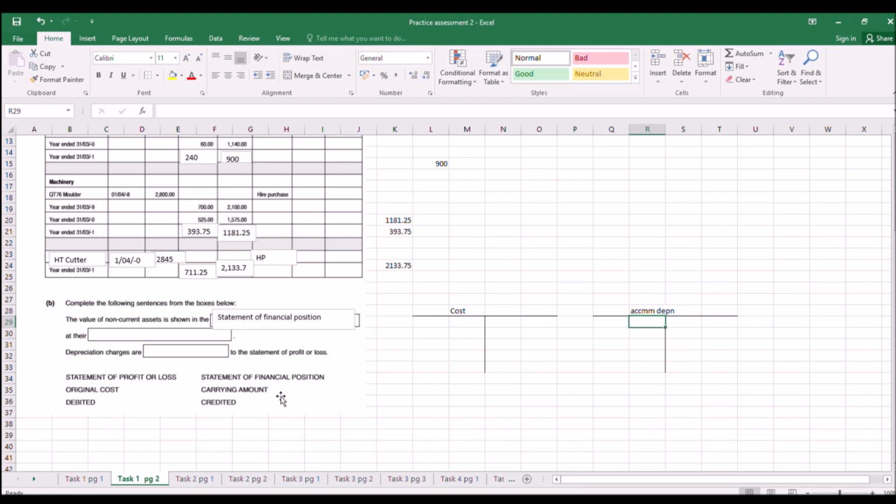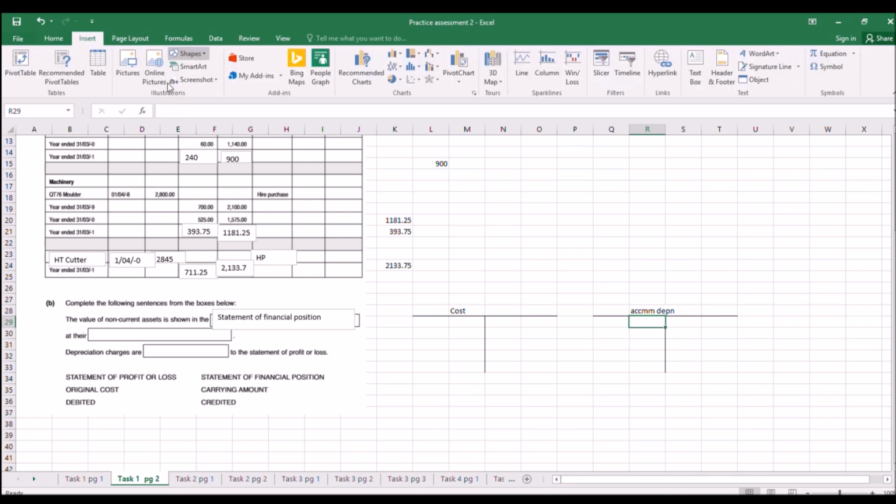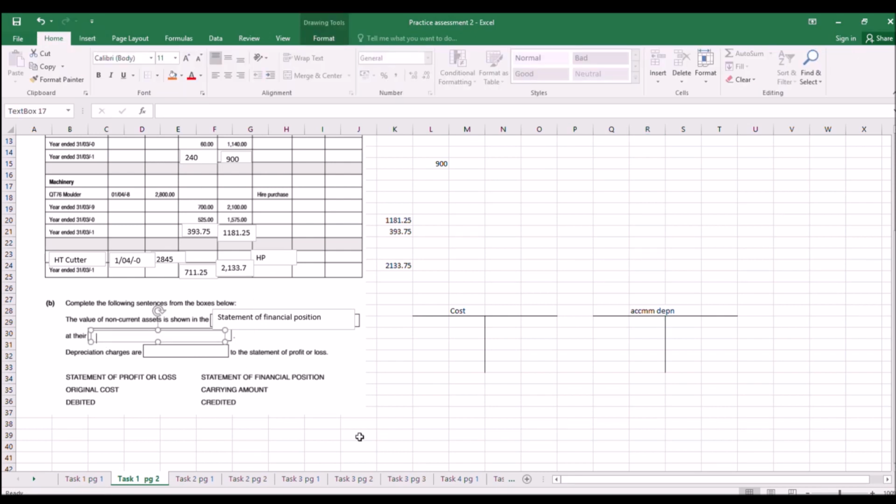So actually it would be a carrying amount. So they showed a carrying amount within the statement of financial position, even though there would be two accounts. So if it was in the trial balance, let's say, we would have a cost and we'd have the accumulated depreciation.